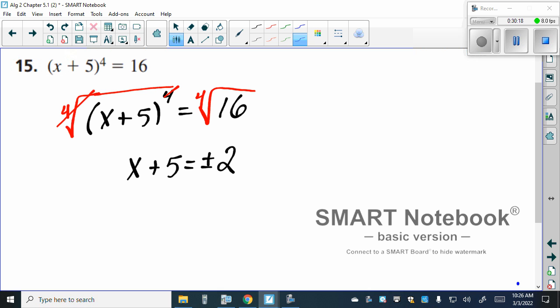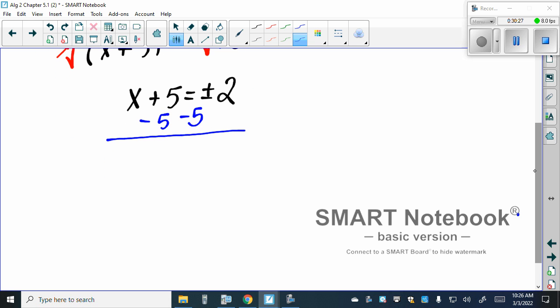Well, last but not least, we need to subtract 5 because we do need to get x by itself. And if we subtract 5 from both sides, we get that x is equal to negative 5 plus or minus 2, yes?